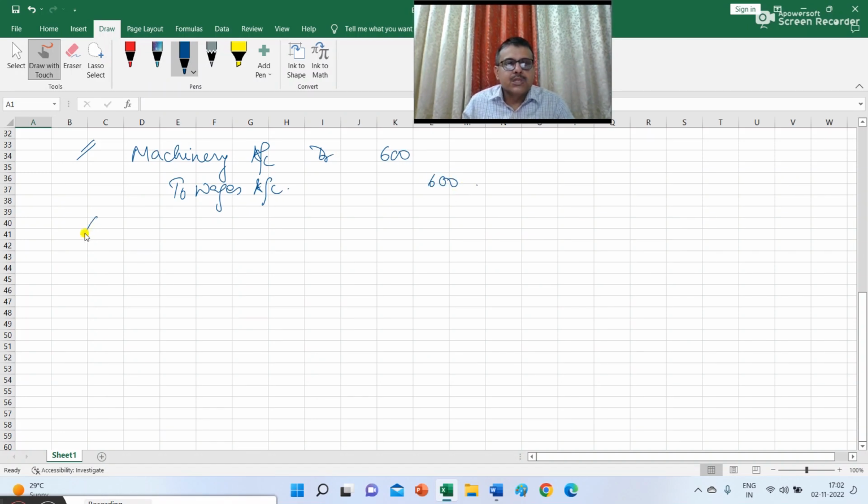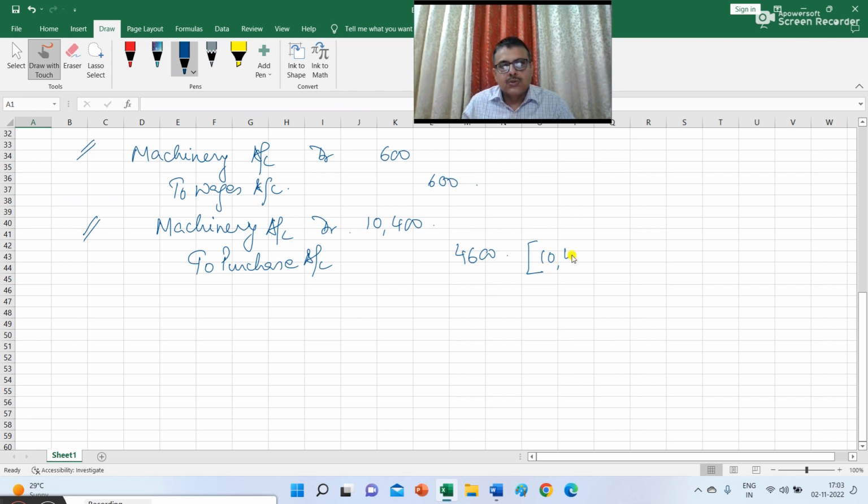Another journal entry was passed where the purchase of machinery was debited to purchase account. You need to rectify that mistake because you are preparing the final account for the year ended 31st March 2003. So machinery account will be debited for rupees 10,400 and credit will be given to purchase account for rupees 4,600. How have you arrived at this figure? 4,600 is given in the question.